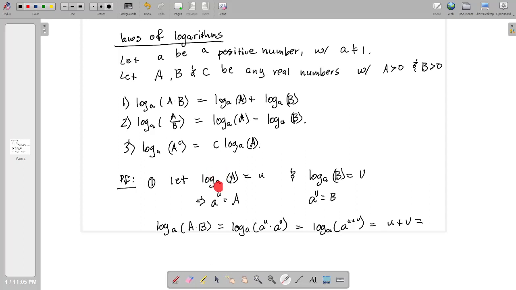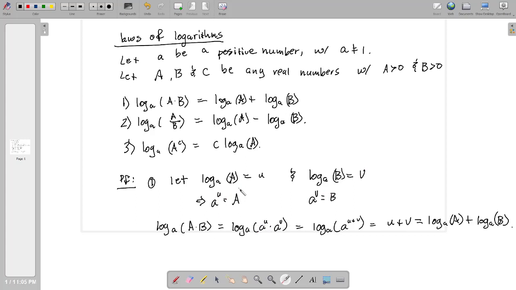So our u is log base a of A, and v is log base a of B. So we see that the log base a of A times B is equal to log base a of A plus the log base a of B. Now again, we think of u and v as exponents because they are exponents here.